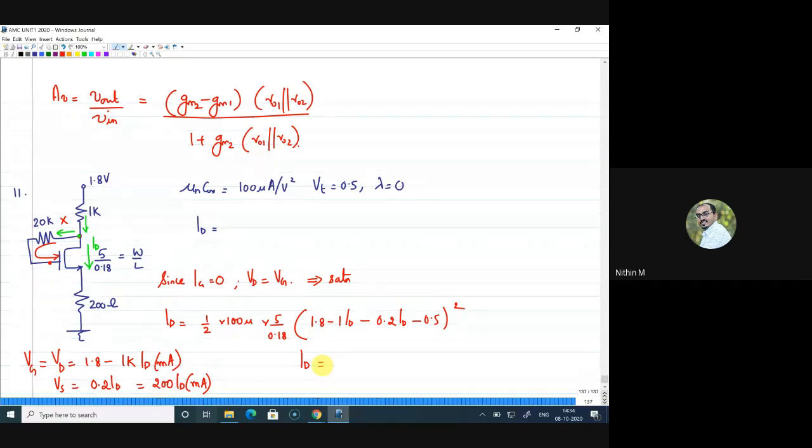Can I get the answer for ID? You will get two answers, and only one is a valid ID. So what are the two answers for ID?